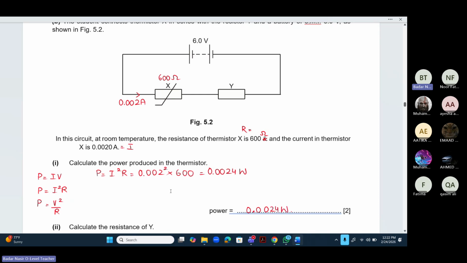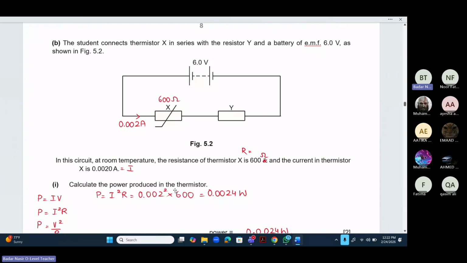Okay, next up we have to calculate the resistance of Y. So सबसे पहले तो बेटा, since they are connected in series, so the current will be the same. Y में से भी 0.002 एम्पेयर करंट ही फ्लो कर रहा है। We can calculate the voltage across X. V is equal to IR.